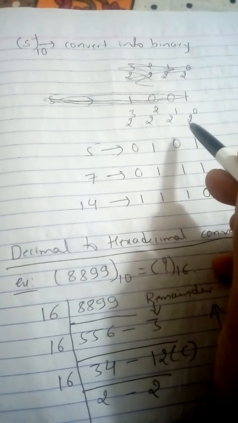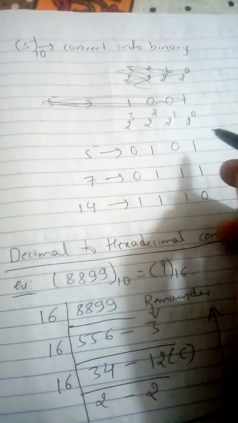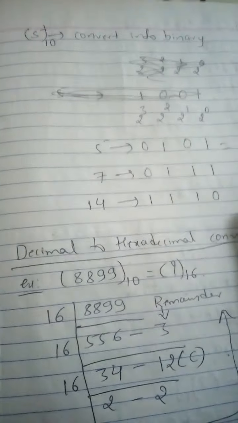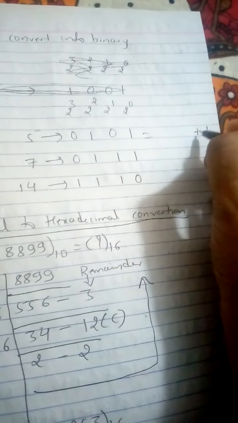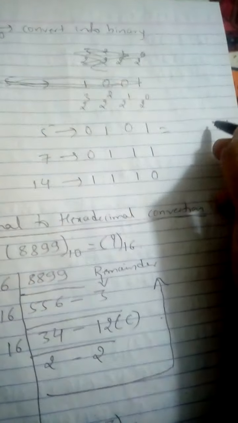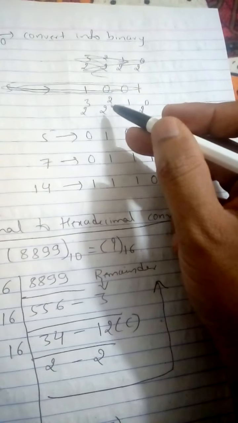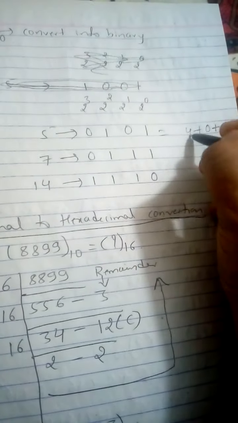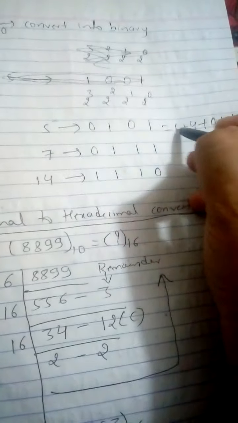So 1 into 2 raised to 0 is 1, since anything raised to 0 is 1, plus 0 into anything is again 0, plus 1 into 2 square is 4, plus 0 into 2 cube is 0.